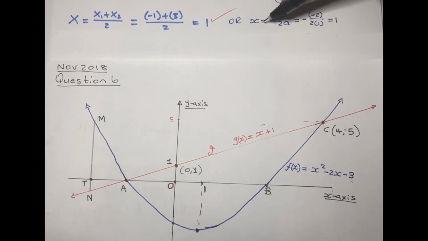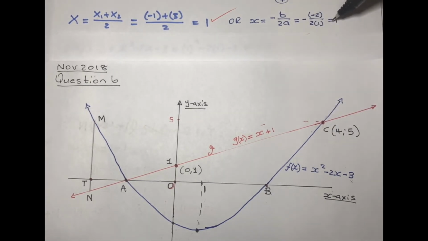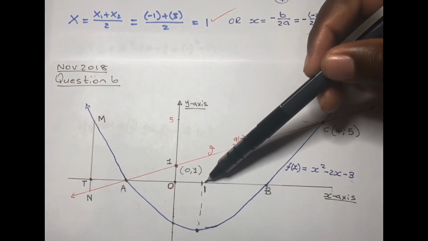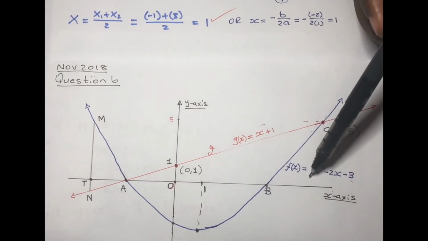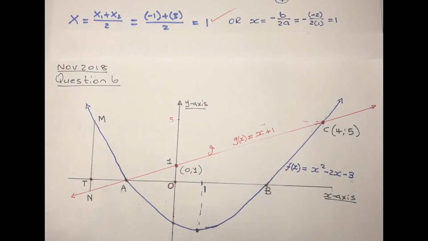The formula is x equals minus b over 2a, which equals negative, in brackets, you substitute your b, which is minus 2, over 2 times your a, which is 1, and you get a value which is 1. So 1 is the x value at the turning point of this graph. You used the values from this graph to determine the x value, which is 1. This is how you score your first mark in answering question 6.3.